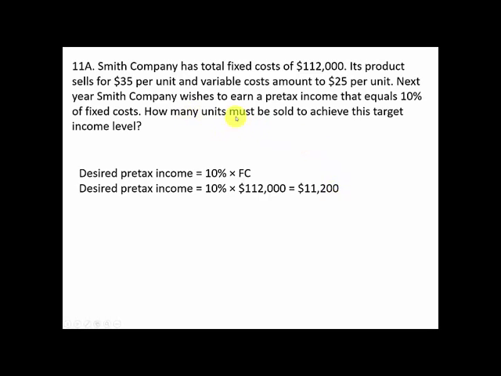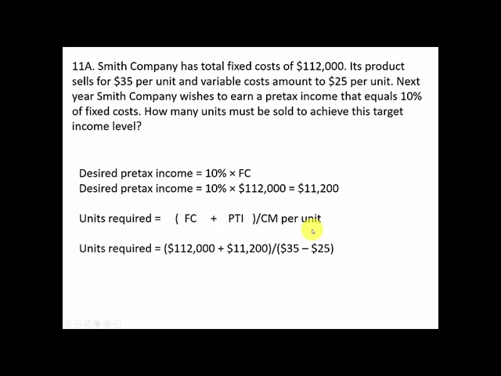And we have to know how many units we have to sell to achieve that kind of income. We have to recover the fixed cost, plus 10% of the fixed cost, which is the pre-tax income of $11,200. To do that, we're going to sell units, and we're going to make so much per unit, which is the contribution margin per unit.